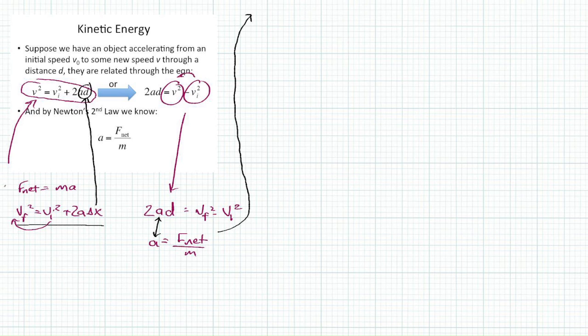That means it's going to be 2 times net force over m times our displacement equals vf squared minus vi squared.